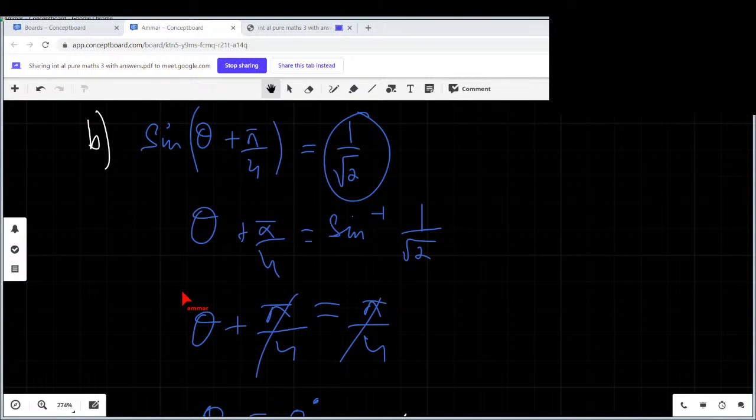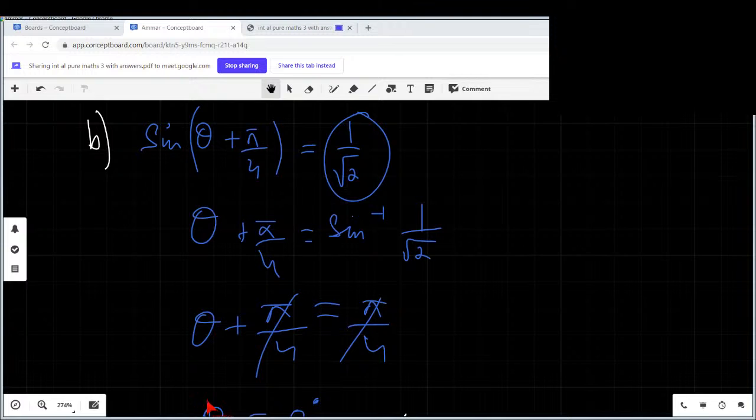So theta will repeat at 0 degrees, but we have to arrange the domain. Theta is 0, but the domain has to be arranged which way? We are given 0 is less than or equal to theta, which is less than or equal to 2 pi.